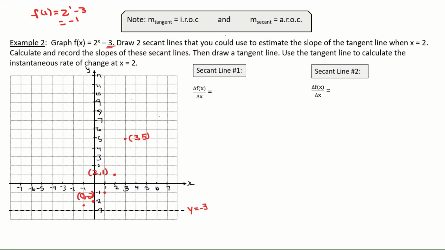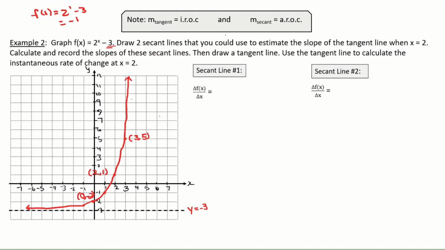So I've got a few more points on here and my asymptote, and I'm just going to try to draw a smooth curve connecting them all. That's getting kind of bumpy there. And of course, for the asymptote, I do not cross it. I'm going to run alongside it, above it, getting a little bit closer all the time, but never actually crossing it. So that's my f of x.